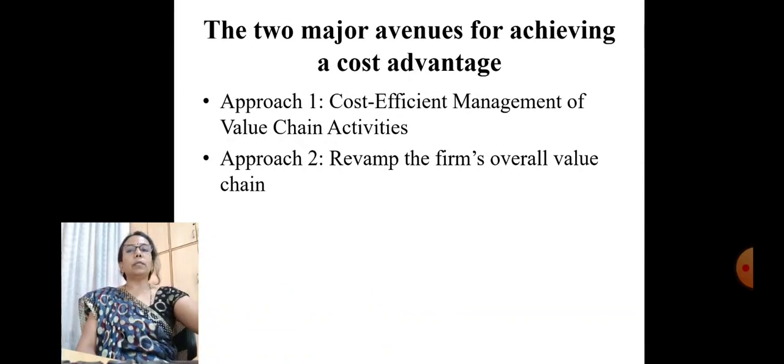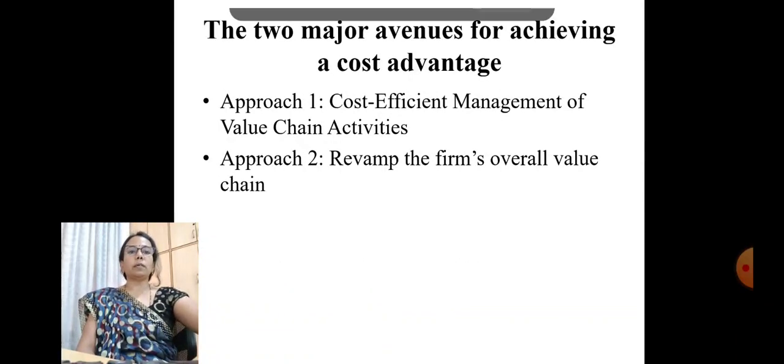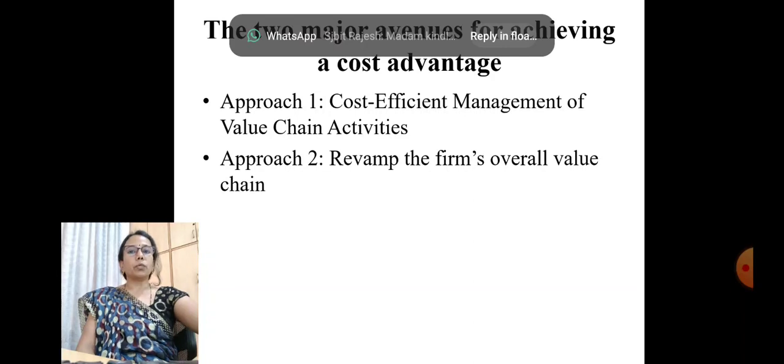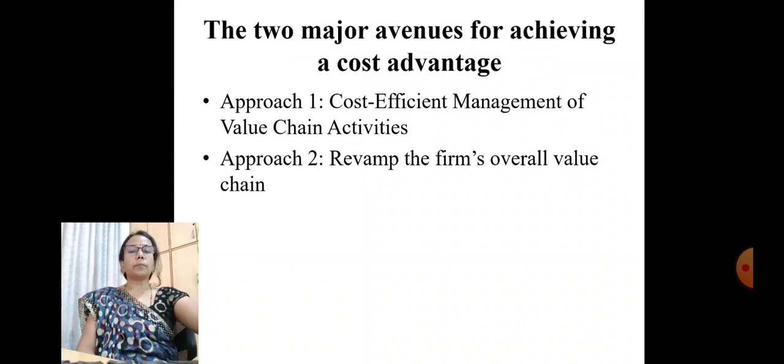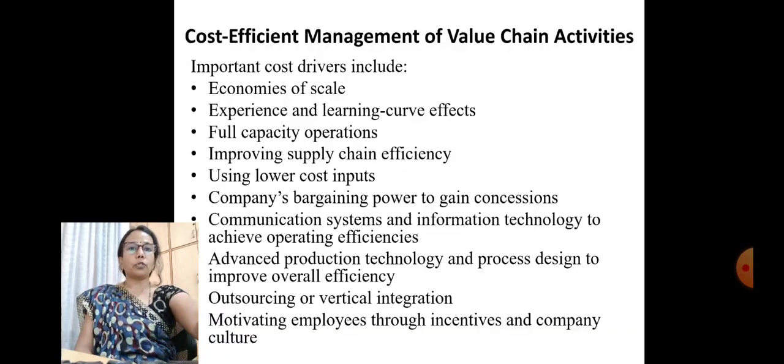The two major avenues for achieving a cost advantage are: first, cost efficient management of value chain activities, and second, revamping the firm's overall value chain. The first approach, cost efficient management of value chain activities. All possibilities for performing value chain activities at a lower cost than rivals have to be explored.